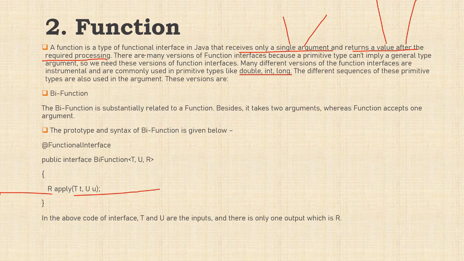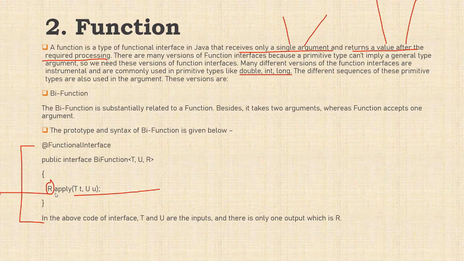In case of Function only, it gets only one input. So here we have the code for BiFunction, taking two arguments and returning a value. It may return anything.